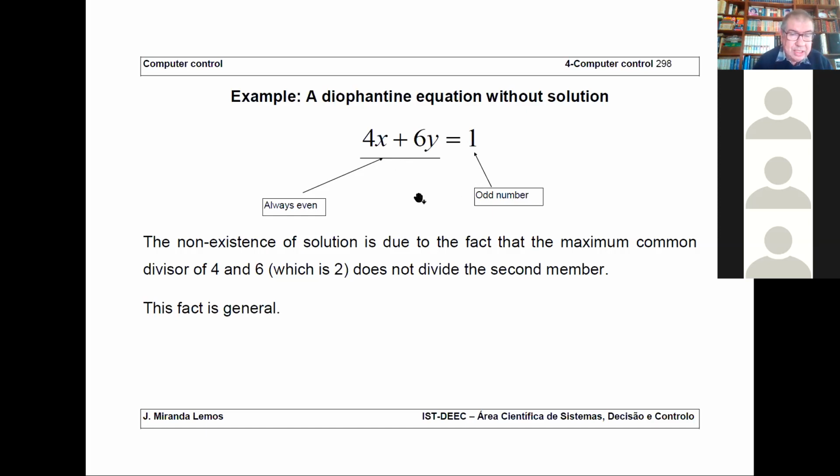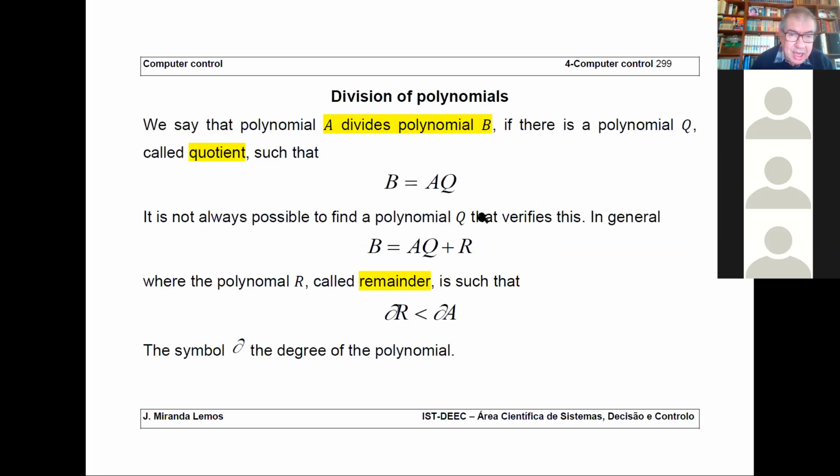So the maximum common divisor of 4 and 6 does not exactly divide the right term. In general, for a solution to exist, the maximum common divisor of the coefficients on the left must divide the coefficient on the right. And in polynomials, you have quite similar results.